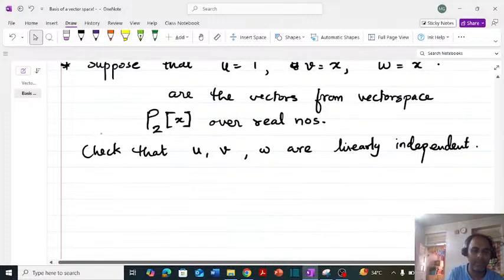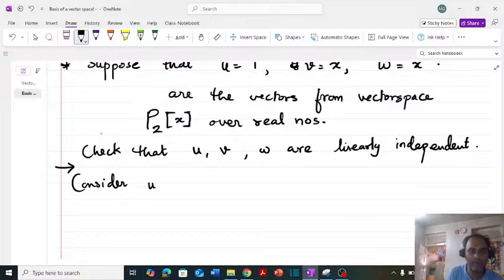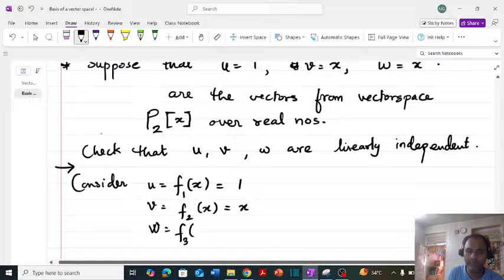So rather than writing them in vector form, consider u equal to f1 of x equal to 1, v equal to f2 of x equal to x, and w equal to f3 of x equal to x square.